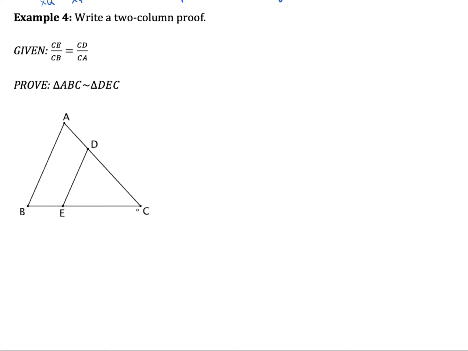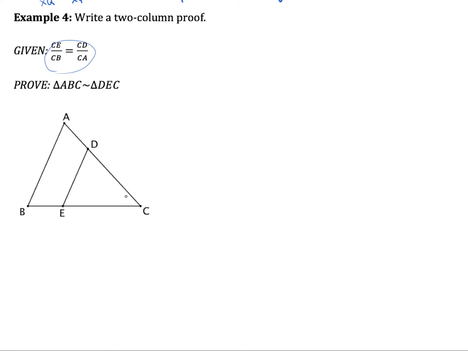Now hopefully you might notice right away that what this statement up here in the given information is giving us is a pair of corresponding sides as a ratio equal to another pair of corresponding sides as a ratio, meaning this is telling us that two pairs of corresponding sides between these two triangles are proportional.